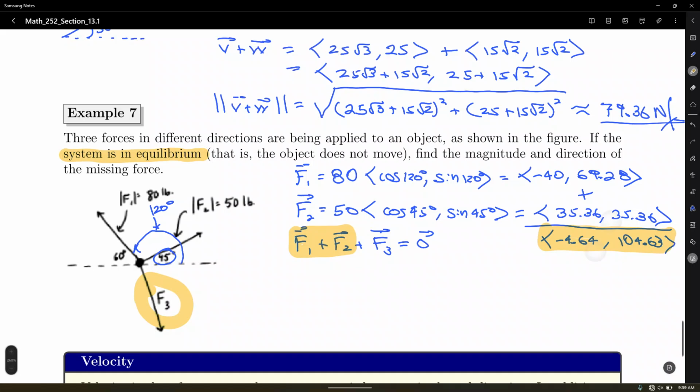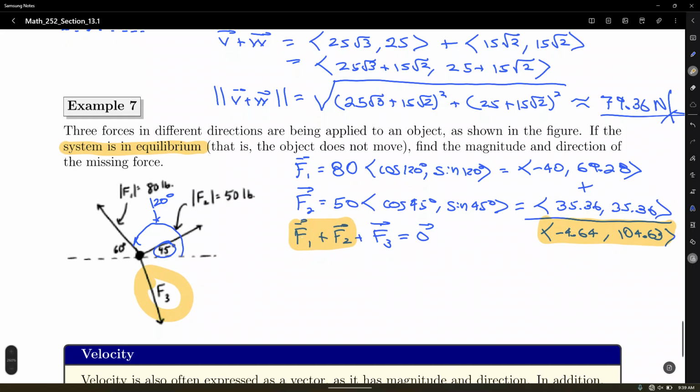That way I can easily subtract the result. So F1 plus F2 equals negative 4.64, comma, 104.63, plus F3 equals the 0 vector.